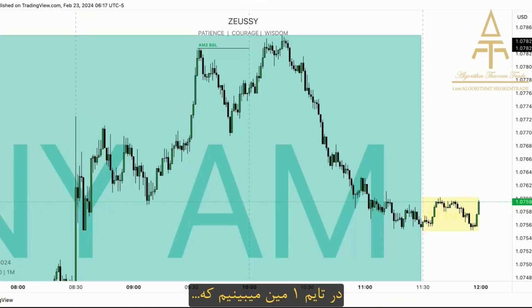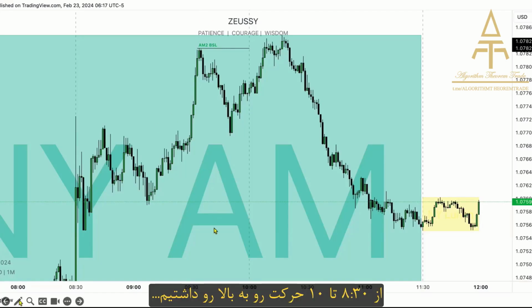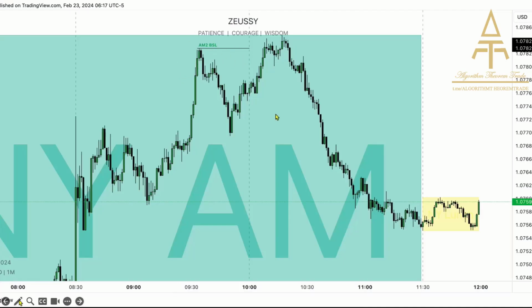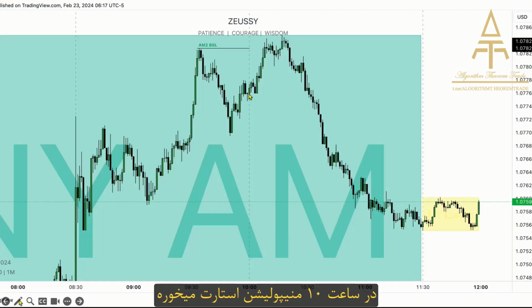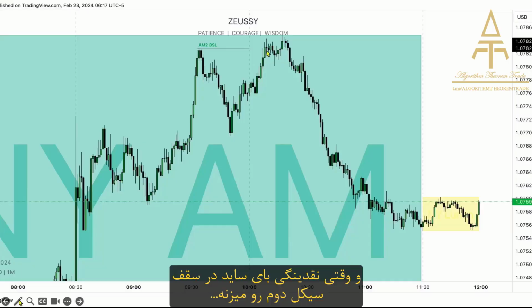If we take a look at the 1 minute time frame, we can see the following. We can see that between 8:30 and 10 AM, the market got repriced higher. At 8:30, there was a news driver that got utilized for heavy repricing higher, choppy delivery, but the market gets repriced higher. Then a high gets formed between 8:30 to 10 AM, the market begins to manipulate higher, gets repriced higher.